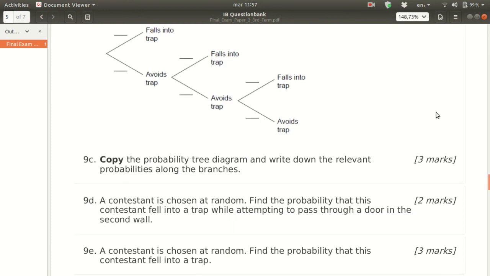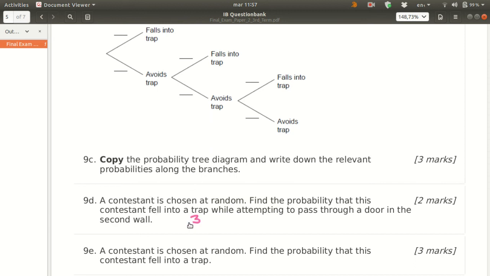All right, a contestant is chosen at random. Find the probability that this contestant fell into a trap while attempting to pass through a door in the second wall. That means he passed the first wall.